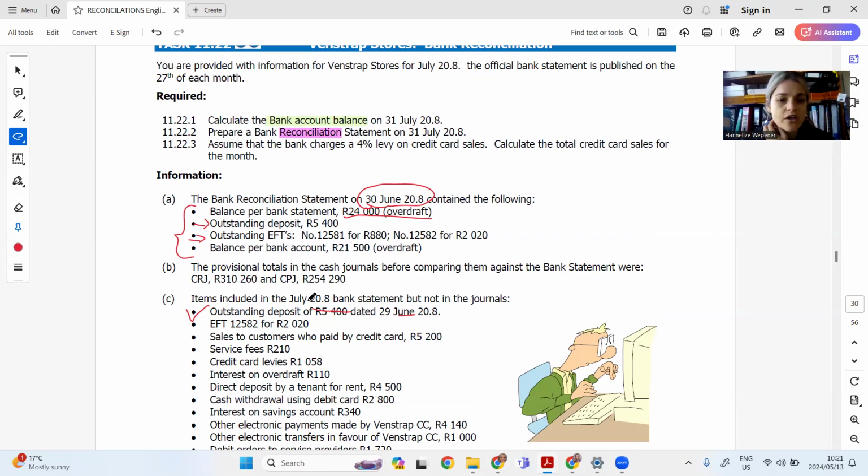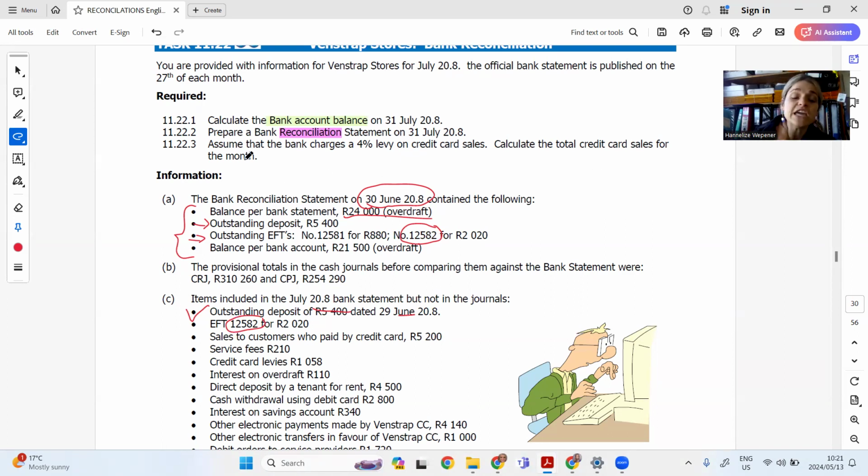Then they're also saying that on the July bank statement, I can now see EFT 12528. That was, I think, not one of 125... Oh, no, it's not. Okay. So I almost thought this was... Oh, there it is. Yeah. So EFT 12528. So there we have it. So that was the previous month on the bank reconciliation statement.